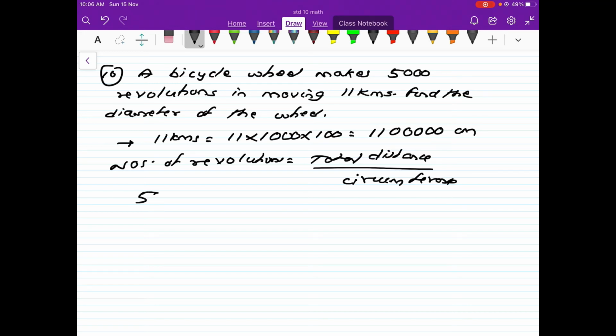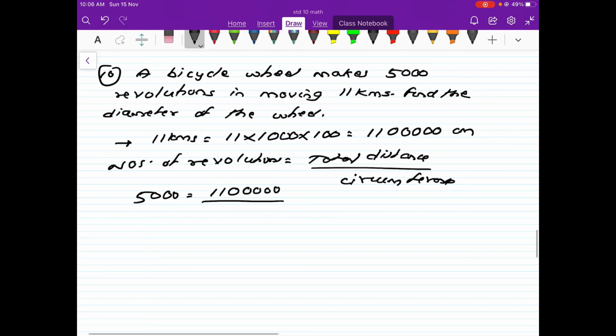So number of revolutions is given as 5000. The total distance covered is 11 followed by 5 zeros, and the circumference, since you have to find the diameter, we will take as 22 upon 7 into pi d.